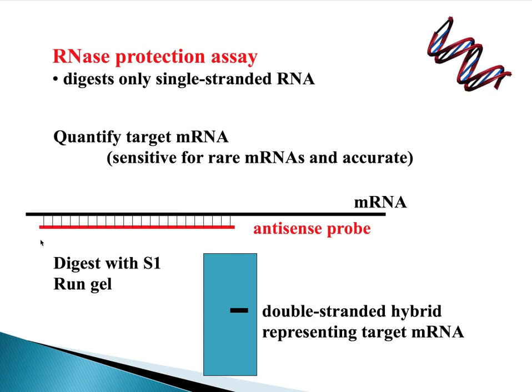You will see this is going to bind here, but if you digest with S1, this part and this part are not going to be represented, and you will only see the part which is bound to your mRNA. So this can also tell you whether your sample has those sequences you're looking for.